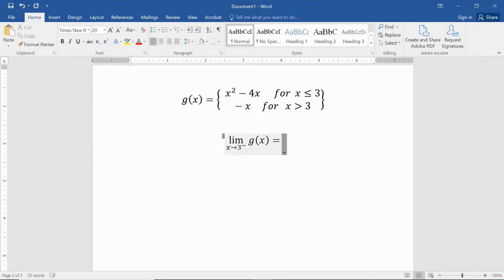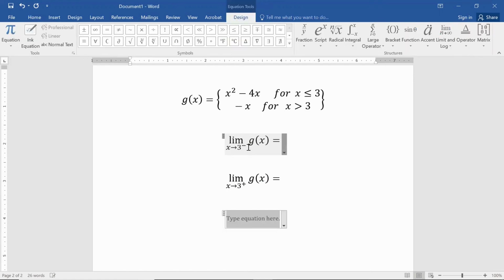Let's take a look at the limit as x approaches 3 from the right of g of x. And then let's look at what you get when you plug in 3 into the function g of x.